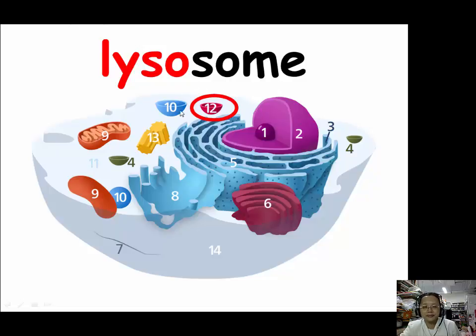When a lysosome is going to perform digestion, it will fuse with the target vesicle or organelle to form a phagosome. Then the enzymes in the lysosome will start to digest the contents in the phagosome.